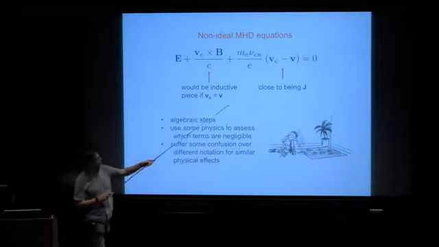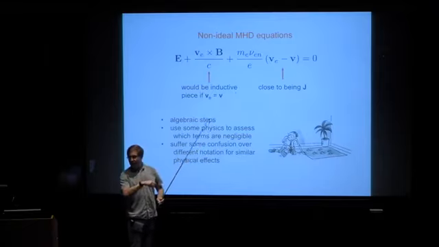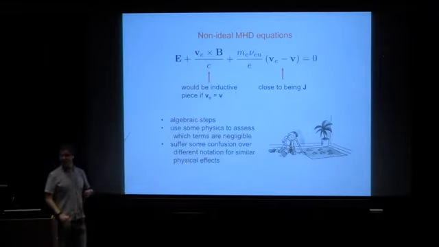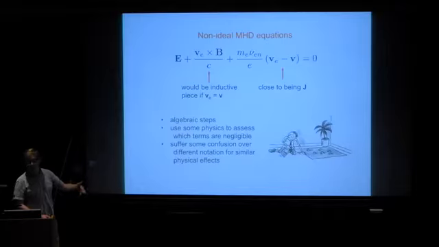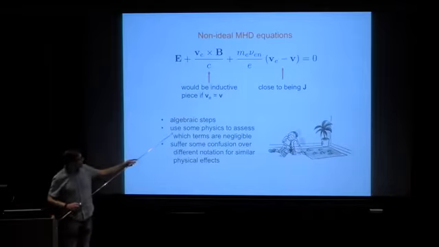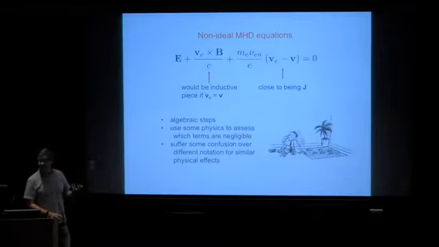The first thing we do is make this V_e minus V_i, and then add on the term that we just removed. So we expand this out into terms, some of which directly involve the current, but then have some extra things left over. There's a bunch of algebraic manipulations of that kind. But then we have to use some physics to assess which of the terms are negligible and which are not. That's the part that requires a little bit of thinking in order to convince yourself that it's correct.